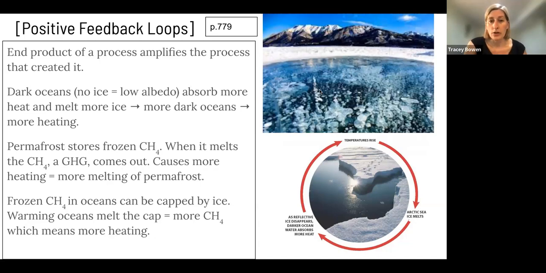And then the warming oceans melt the cap, so more CH4 methane can be released, which then relates to more heating. So these are positive feedback loops. They're not the only ones, but they are a couple of the ones occurring that are pushing forward increasing heating.